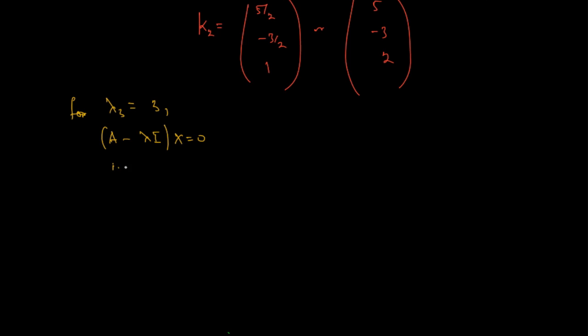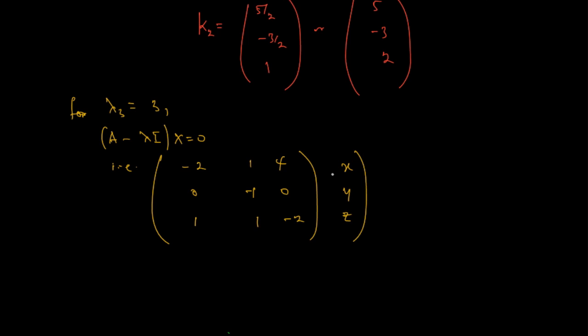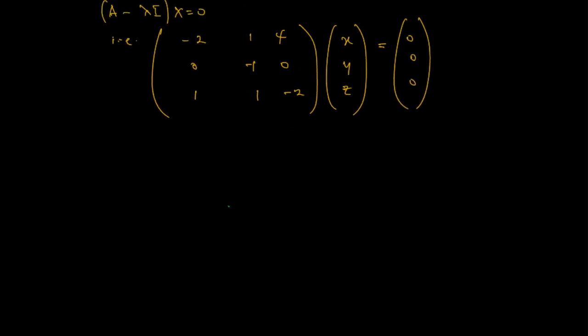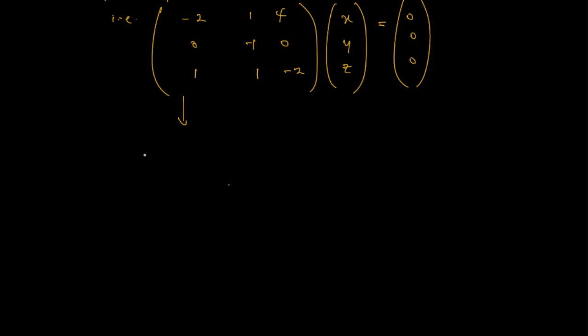In place of lambda, A minus lambda I is going to be negative 2, 1, 4, 0, negative 1, 0, 1, 1, negative 2 times x, y, z equals 0, 0, 0. So this is what we have. To solve this system, all I need to do is to row reduce the coefficient matrix.